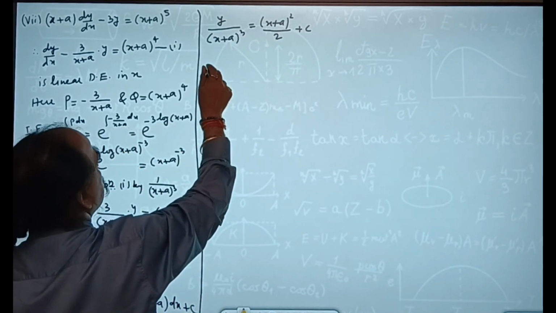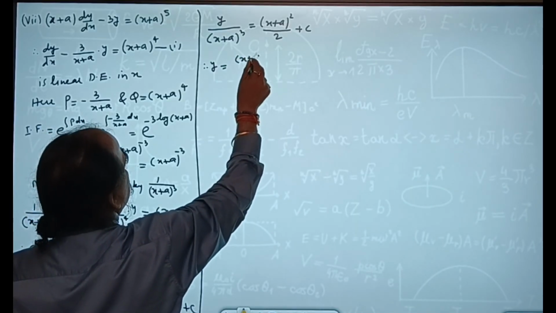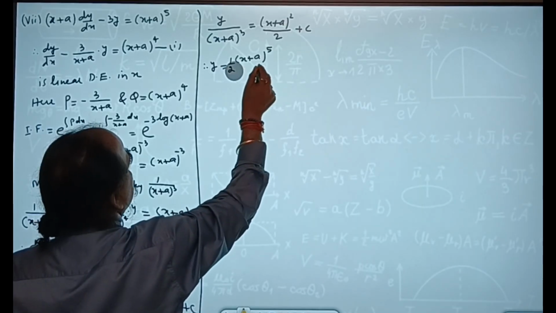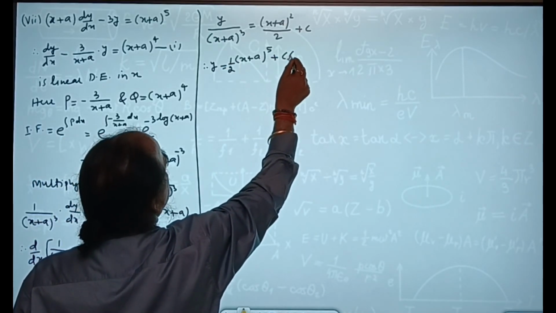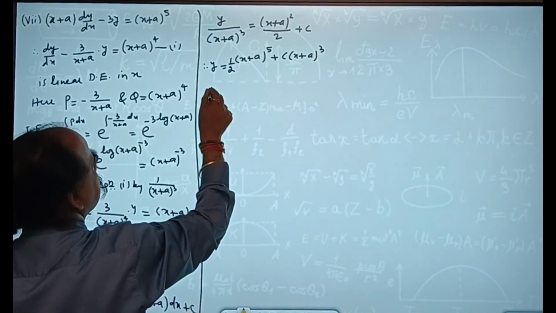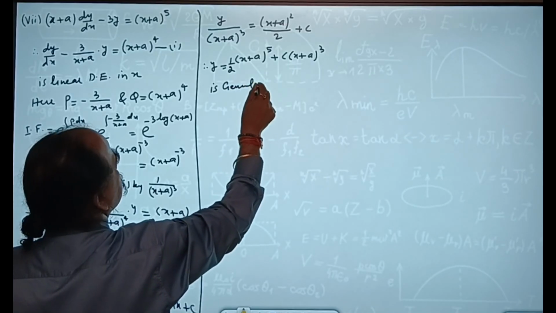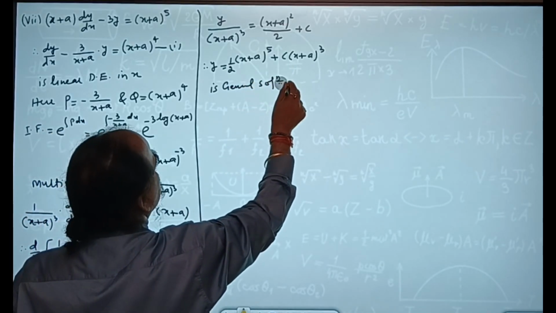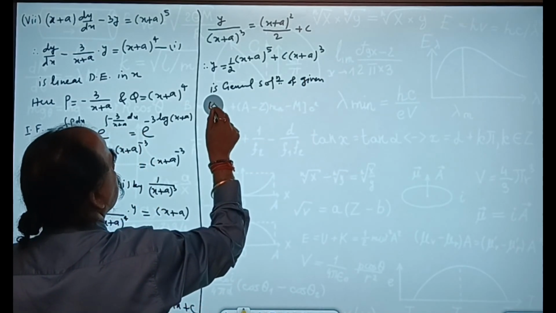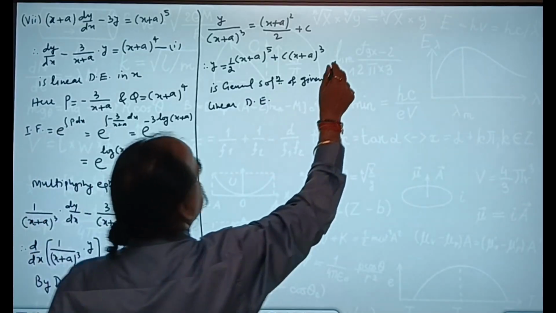Multiply by x plus a raised to 3. y is equal to x plus a raised to 5 times 1 upon 2, plus c into x plus a raised to 3, which is the general solution of the given linear differential equation.